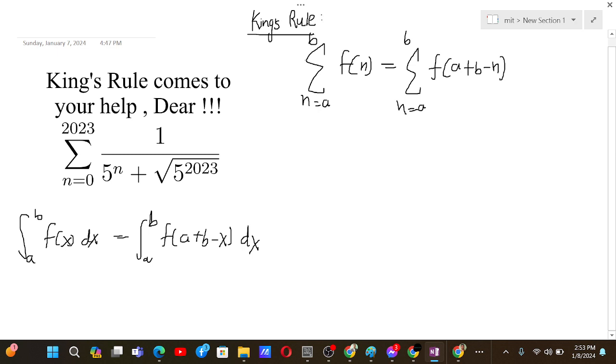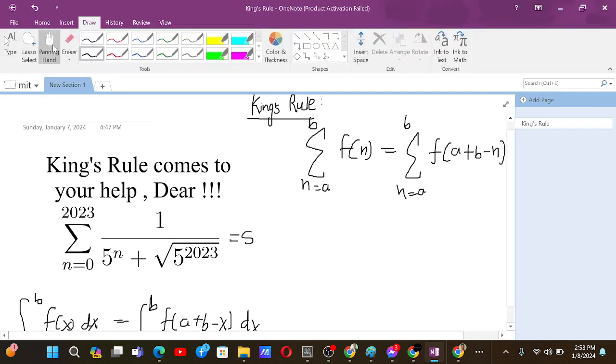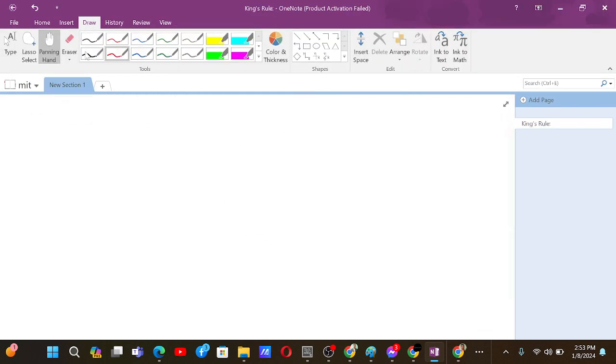Fine. So now we are going to use this rule. This is our sum, and before we begin, let me just extend the page because I know it's not going to be enough. Now let's begin.